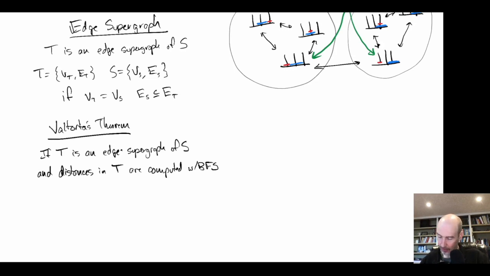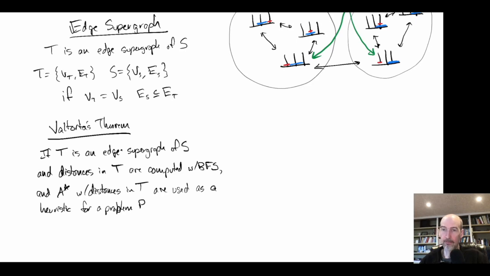And then A star with distances in T are used as a heuristic for problem P. Then what we're going to find out.